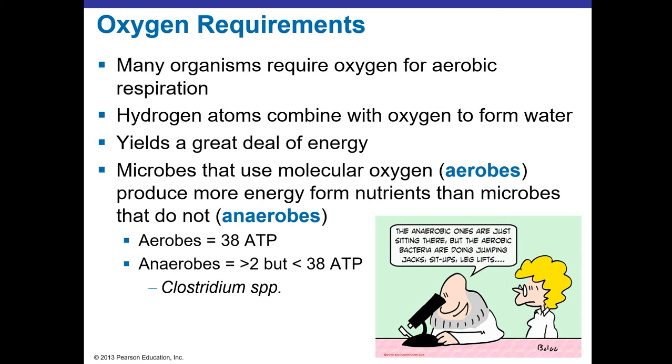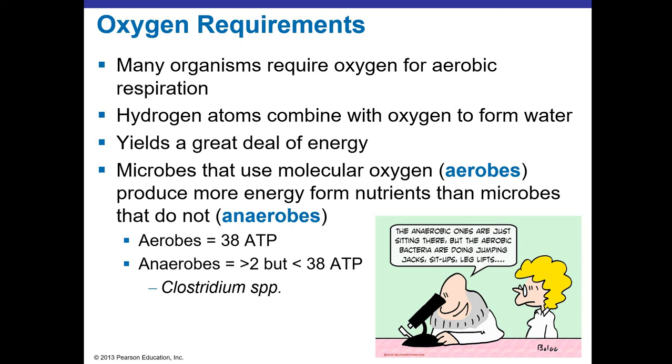When we were talking about aerobic and anaerobic respiration, we correlated that in Chapter 5 with the amount of ATP that an organism can make. So many organisms require oxygen to carry out aerobic cellular respiration.